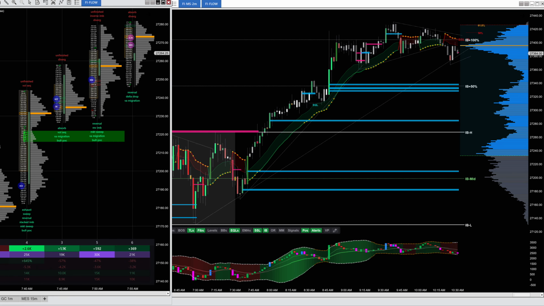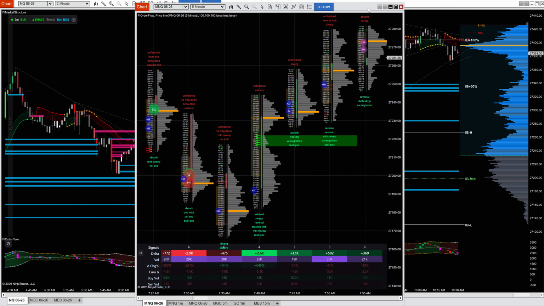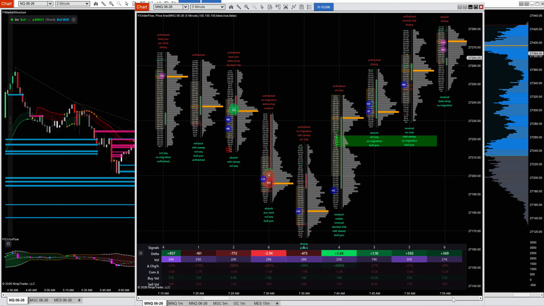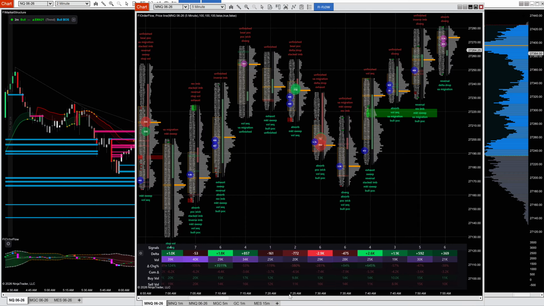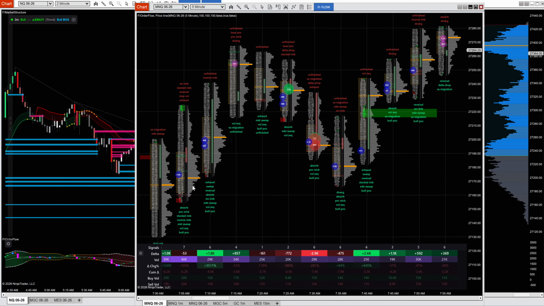And then on a footprint chart, let's look at what it looks like. This will help explain things. This is the move right here, actually. So this is the stacked imbalance from the value area low. Let's take a look here.